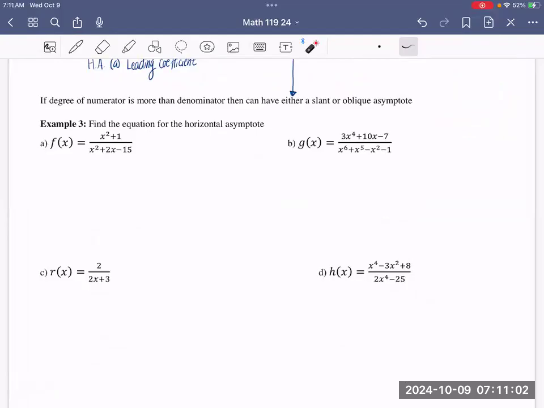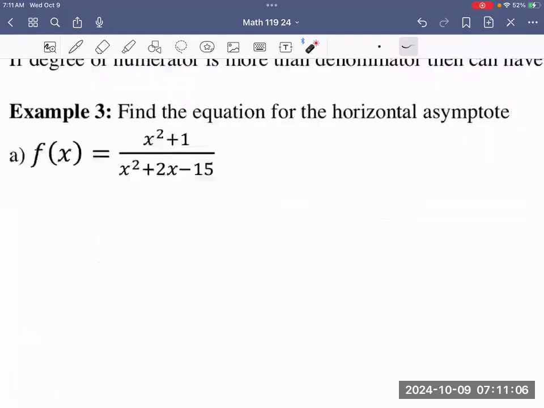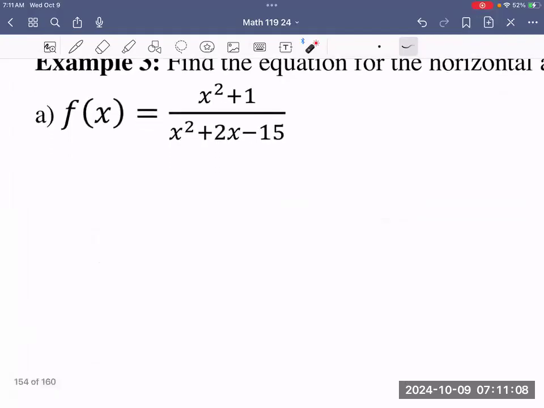So example 3 says, find the equation for your asymptote. So you have x plus 1. If we're looking just for your horizontal asymptote, again, we're looking at the degrees of your leading terms.